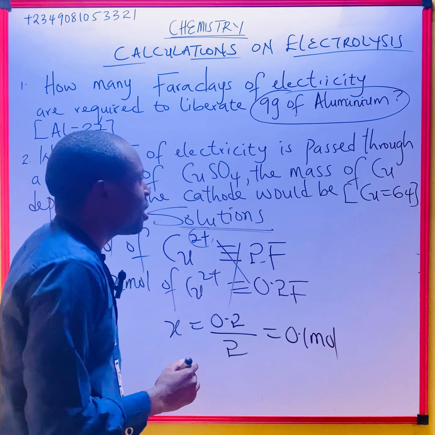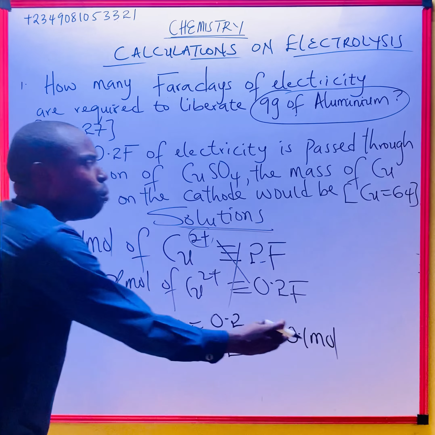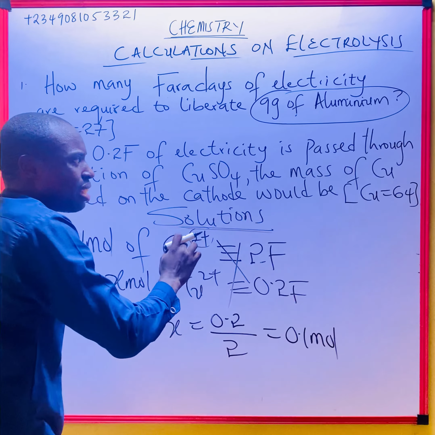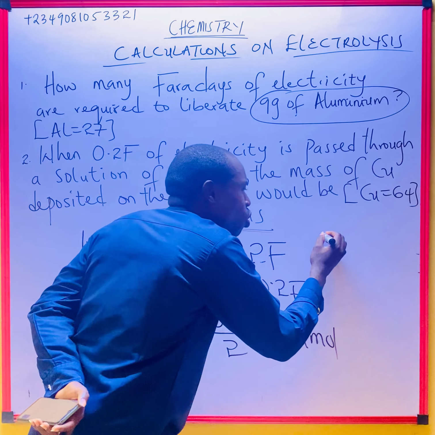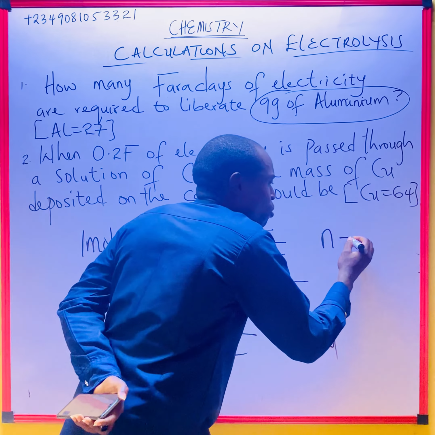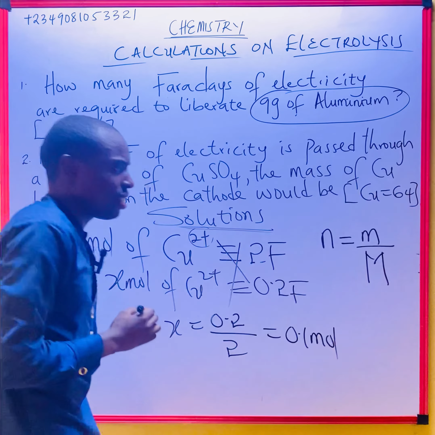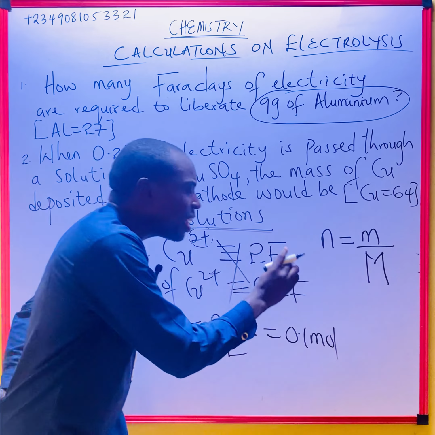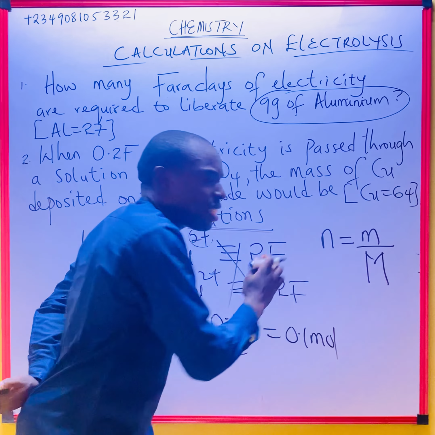Now, I have 0.1 mole. Remember, the question did not ask you for mole, rather the mass of copper deposited. And you are aware that number of moles N is equal to mass over molar mass. I was given the mole and had to find the mass.